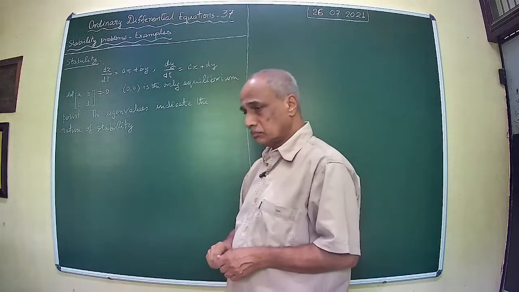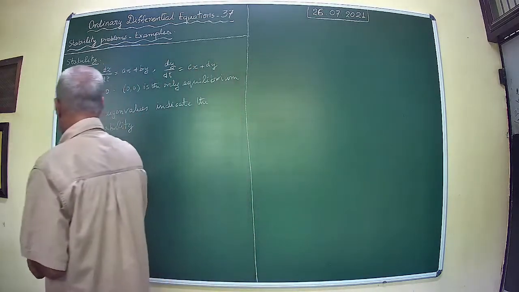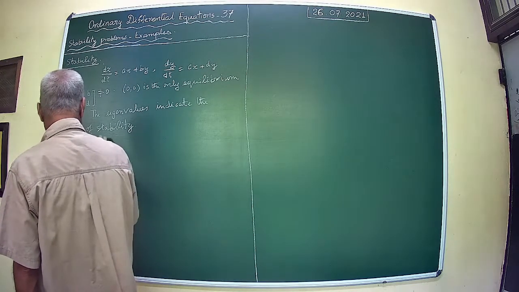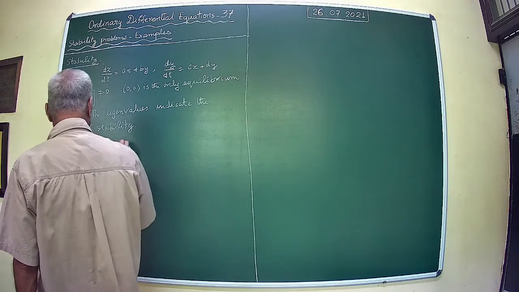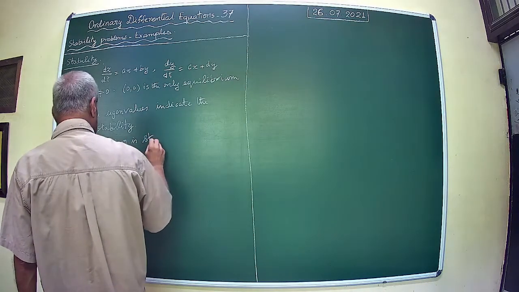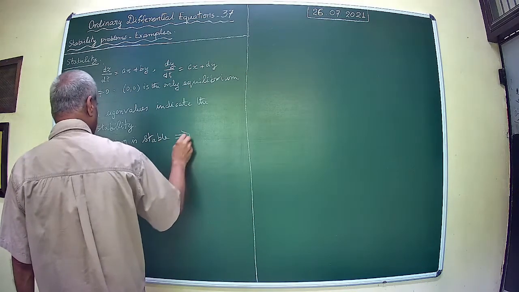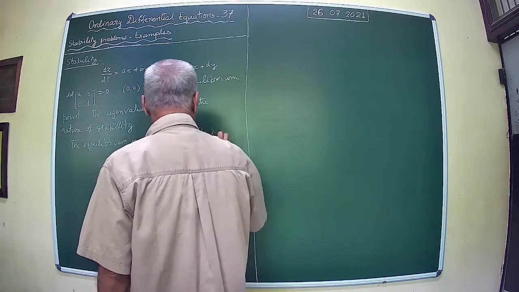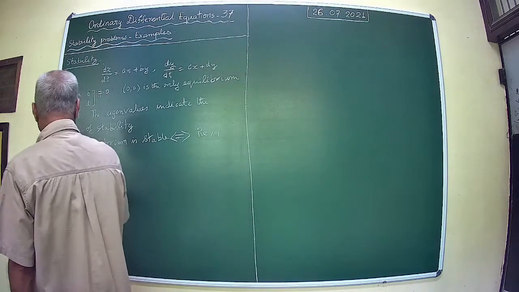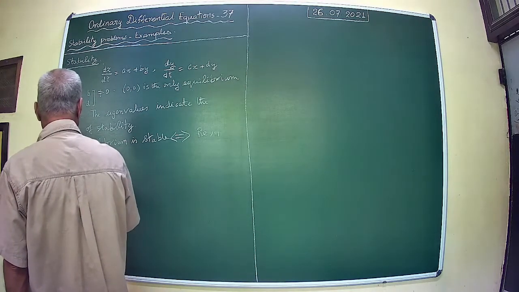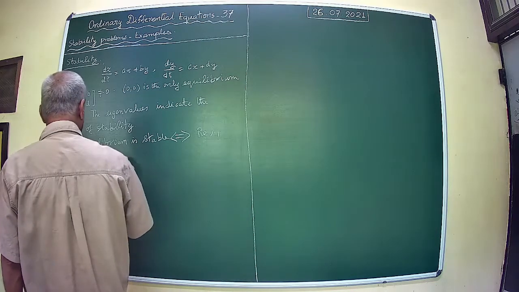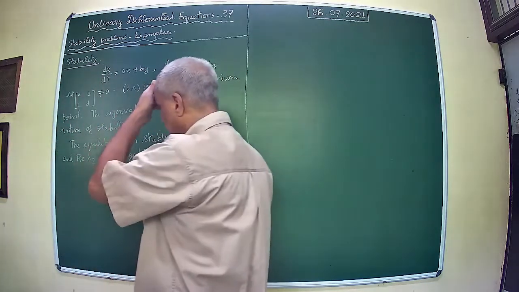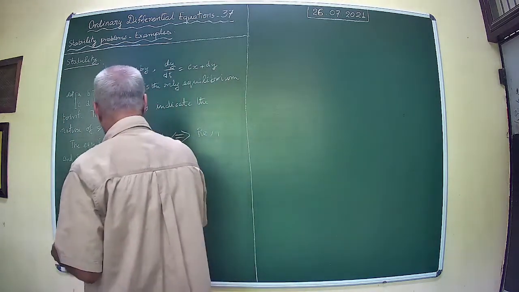You see that we can say that the equilibrium is stable if and only if the real parts of lambda 1 and lambda 2 are negative, or I would say non-positive.